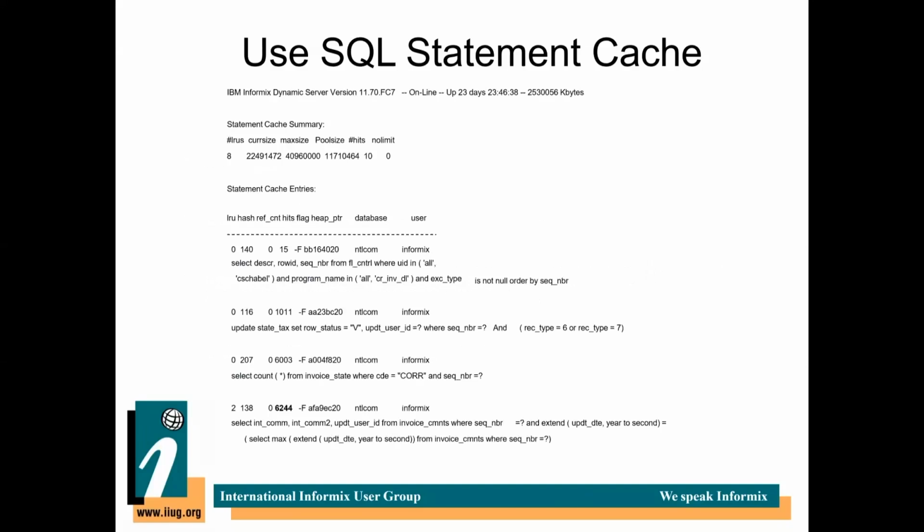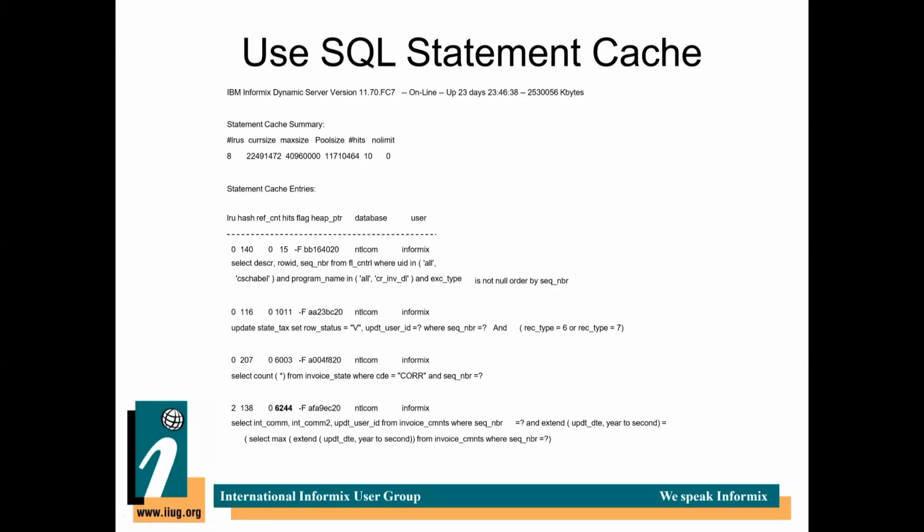So here's an output of the statement cache. It gives you the LRUs used, your current size, the max size, the pool size, the hits and the limit. And here you'll see the SQL statements that are run. Down at the bottom, where I highlighted, is how many times that SQL has been executed since the system's been up or since you ran onstat -z.